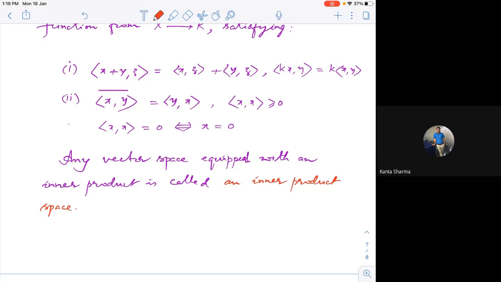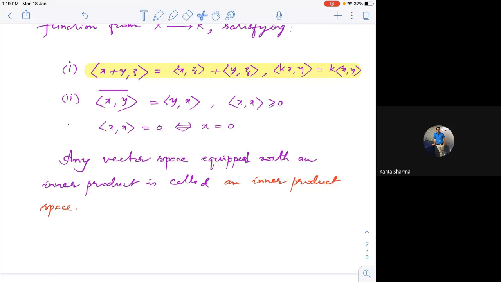It is a vector space with some extra thing available for the vectors in X, namely x comma y. What do they convey in the first set of properties? If you look at these two properties, what do they convey?